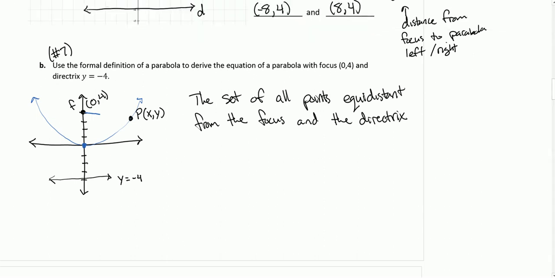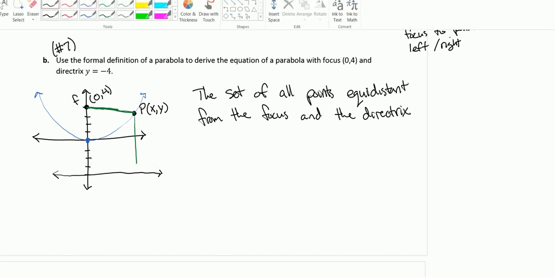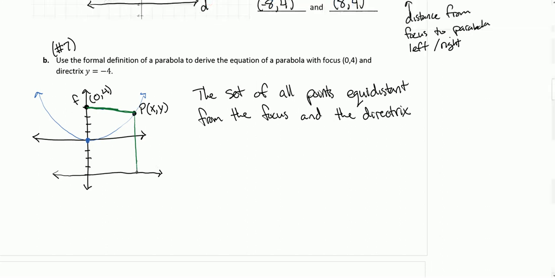So here's a segment from F to our point here. And then I want to draw the distance from that point to our directrix, which is going to be a straight drop down. So let me redraw this so that it extends a little further. And so here, right there, that's on the directrix.